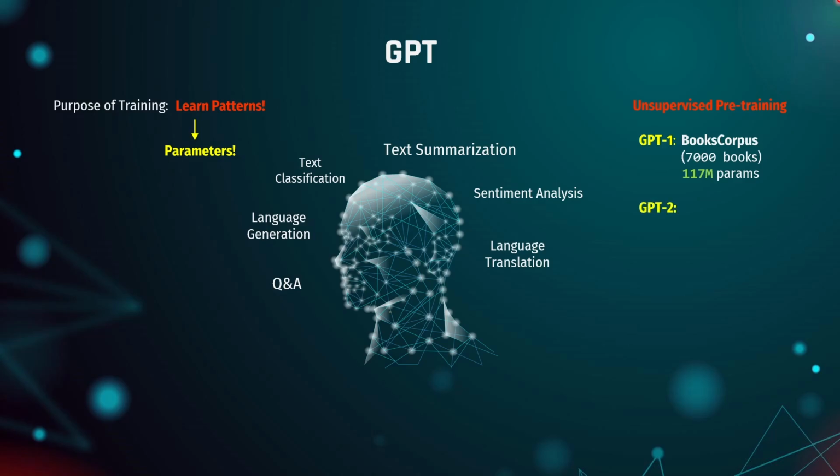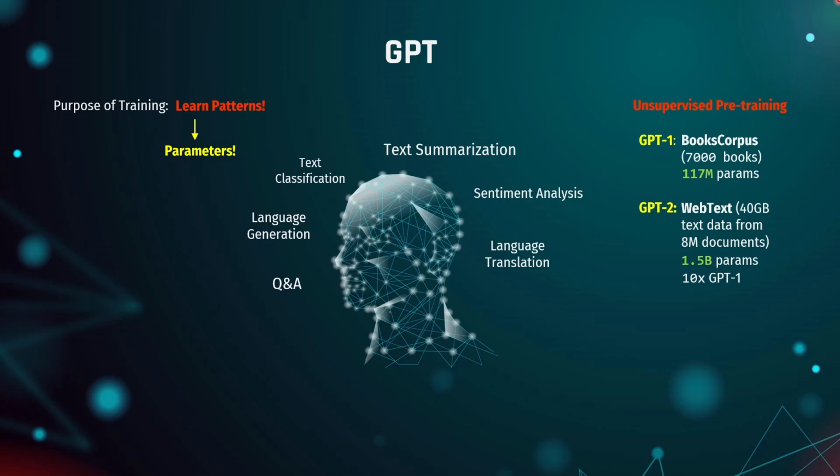Then we have GPT-2, the second version of GPT, right, which was trained on the WebText dataset, which basically had 40 gigabytes of text data from over 8 million documents. And GPT-2 had 1.5 billion parameters, which is basically 10 times more than GPT-1.